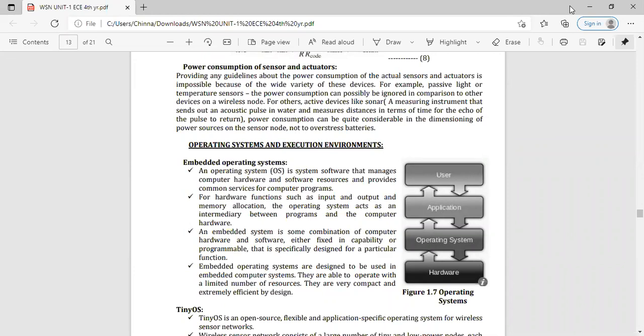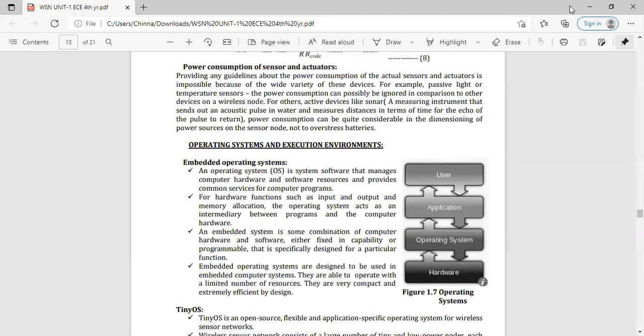Passive light or temperature sensors: the power consumption can possibly be ignored in comparison to the other devices of the wireless nodes. So power consumption in temperature devices is considered almost negligible, and likewise for passive lights.